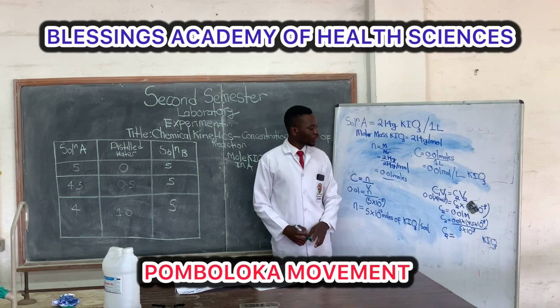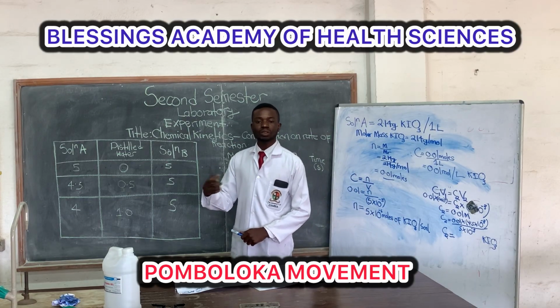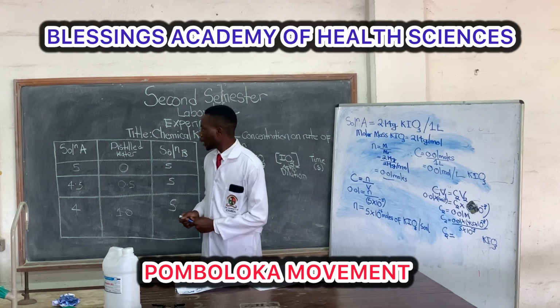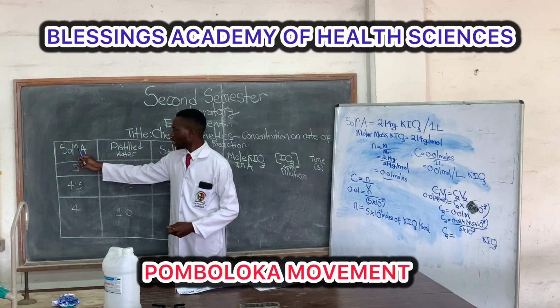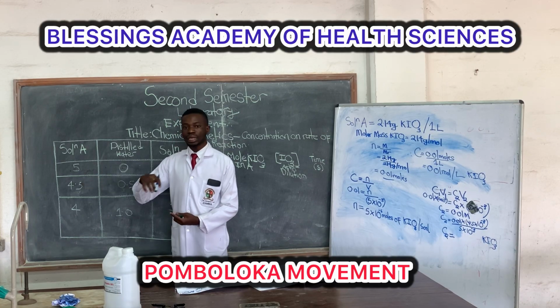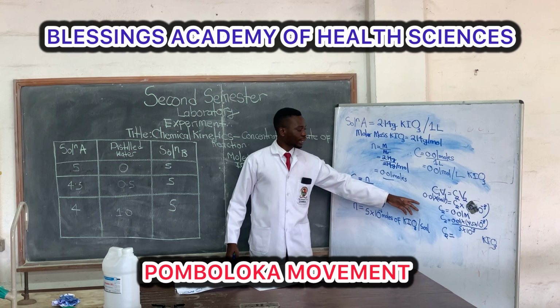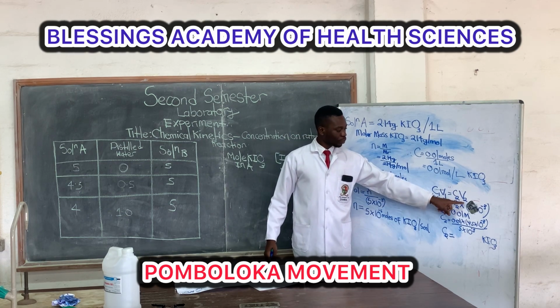Then the other thing that we need to understand from here is that we'll now begin to vary the concentrations of this solution A. At solution A at 5, we have 5 mils as the initial volume. Then we have the concentration as such. Then how about volume 2 on the other side? What are we going to have?